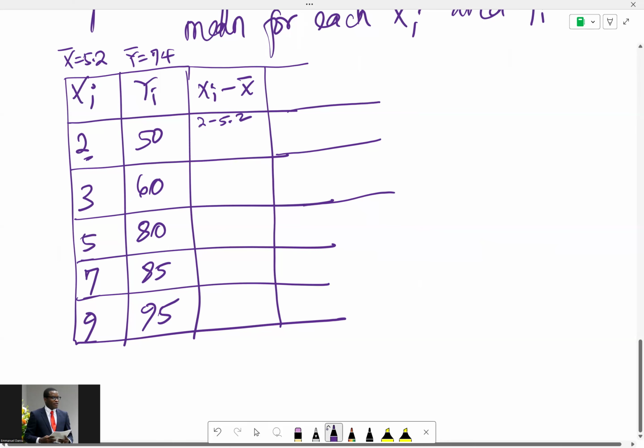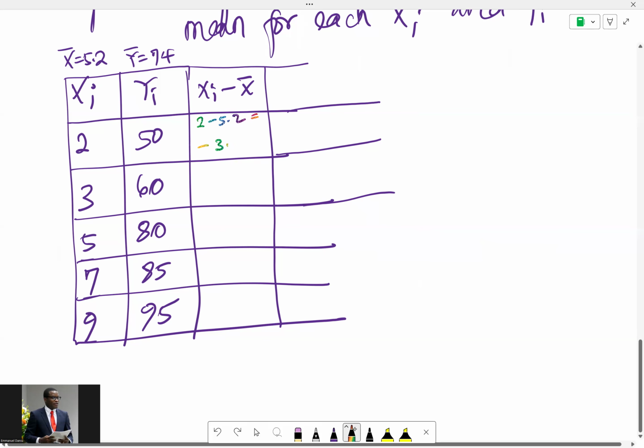So xi minus x bar, that's simply 2 minus 5.2, which is minus 3.2.